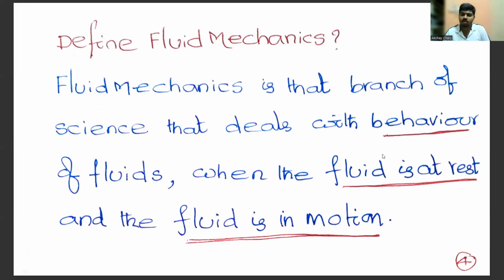When we apply loads on a fluid at rest and when we apply loads on a fluid in motion, or when the fluid is running or flowing in different conditions, we observe it and calculate everything about the fluids. This is what fluid mechanics is about.